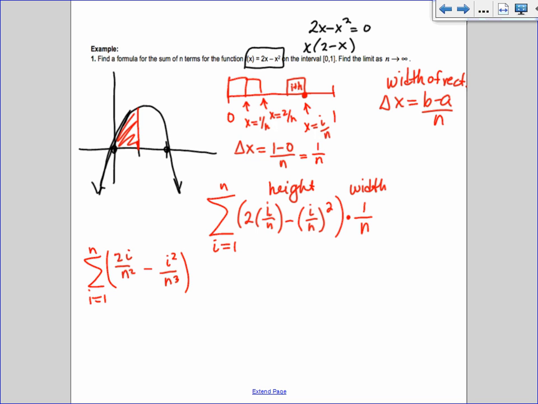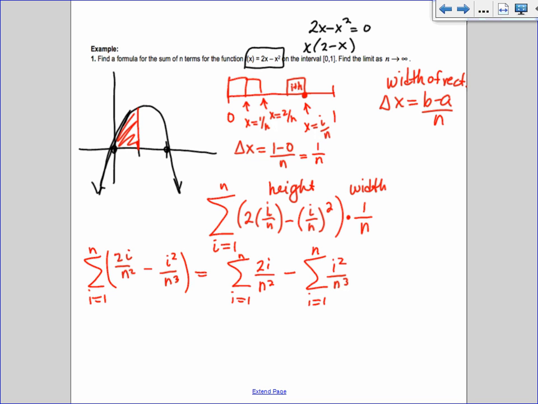And are you seeing you can pull the summation in? So I'm really thinking of it as the summation from i equals 1 to n of 2i over n squared minus i squared over n cubed. What can I pull out? Anything that has that n, right?